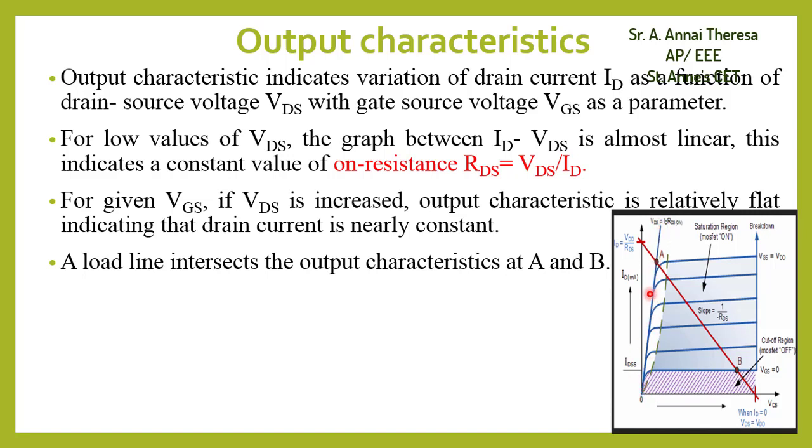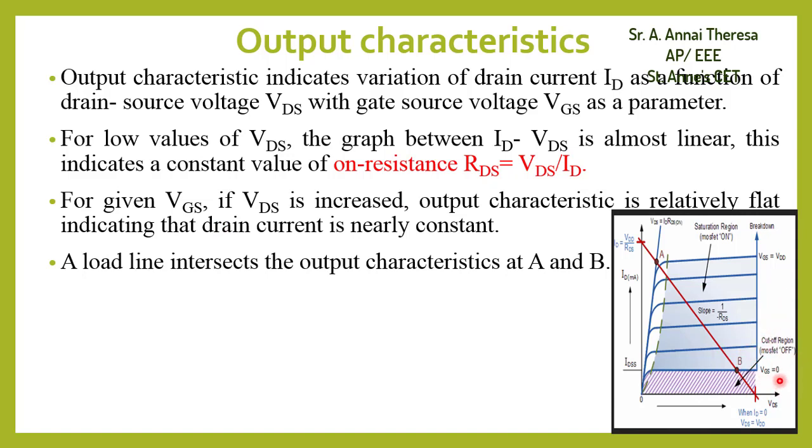This indicates a constant value of on resistance, that is RDS equal to VDS by IDS, voltage by current, for a given VGS, which may be 0 volt, 1 volt or 2 volt, any value we can take as constant.